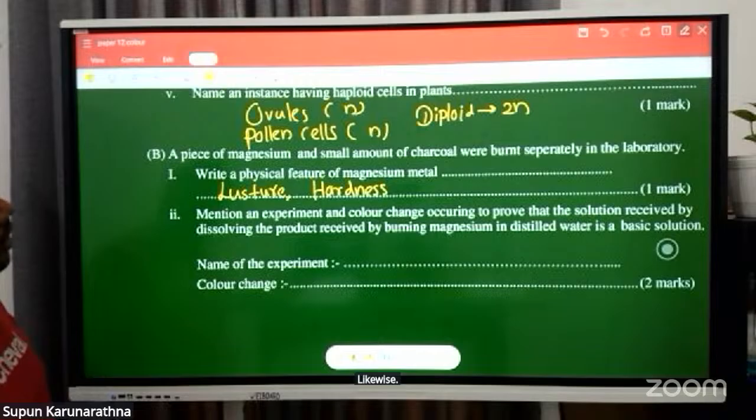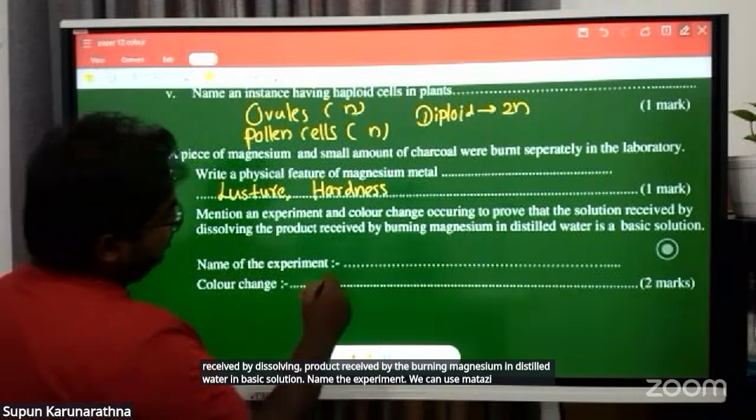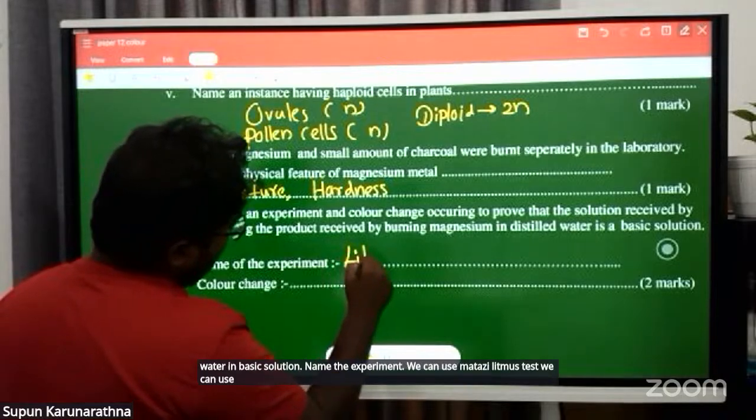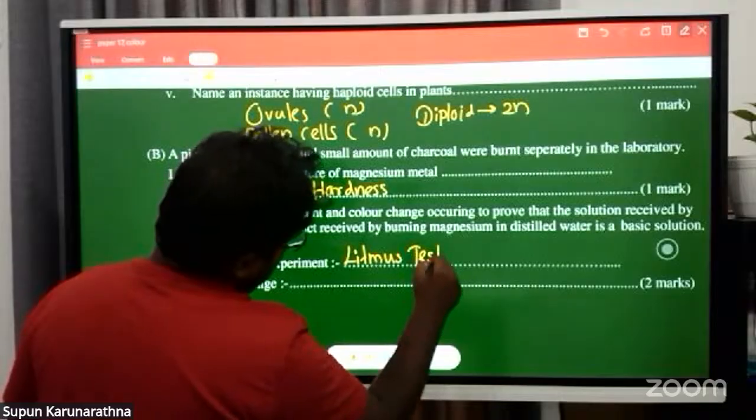Mention an experiment and the color change occurring to prove that the solution received by dissolving the product of burning magnesium in distilled water is a basic solution. Name the experiment. We can use the litmus test. Any more?